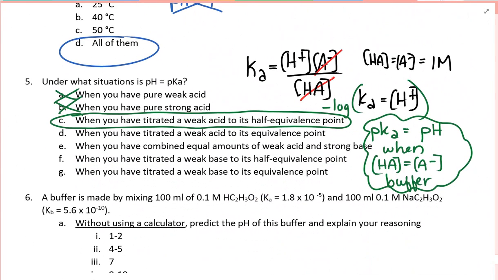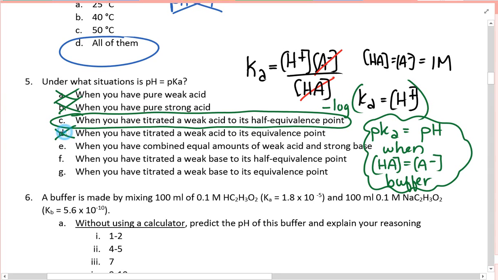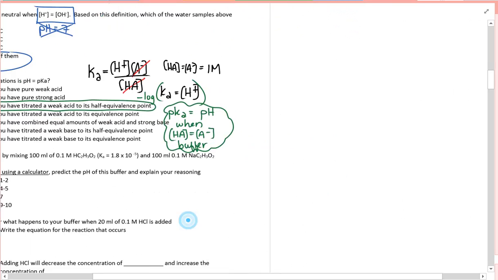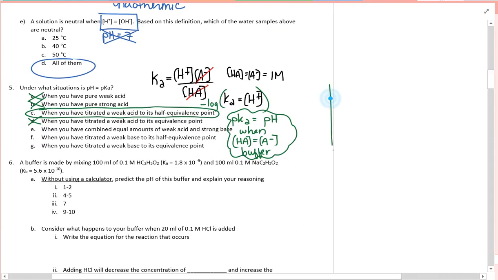How about when you're at equivalence? Nope. When you're at equivalence, you have pure conjugate base. Let's actually draw a picture off to the side here. If we are looking at a graph of pH as you are adding volume of hydroxide, this is your pH of your acid. Initially it's going to start out low because you've got pure HA. Can you use pKa at this point? Nope. I'm going to go along and titrate it. Over here at the end, you've got pure A minus.